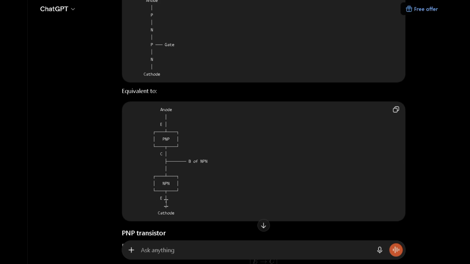We shouldn't look at it as forward and reverse like a diode. We should look at it as a transistor, where current acts as a one-way valve. Here it acts as a two-way valve. We need a positive signal.